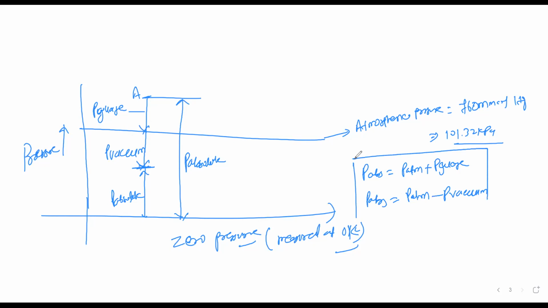So here the vacuum pressure will be negative, and the gauge pressure above the atmospheric pressure is positive.